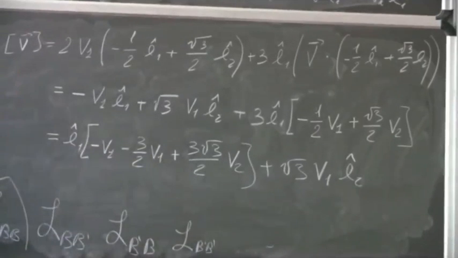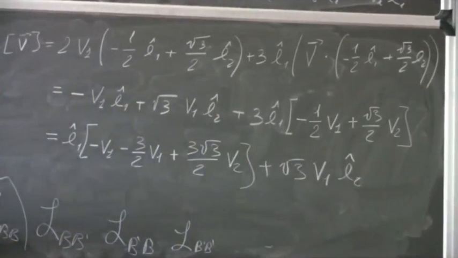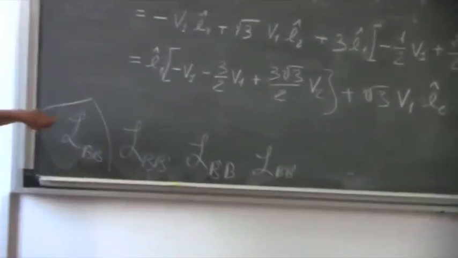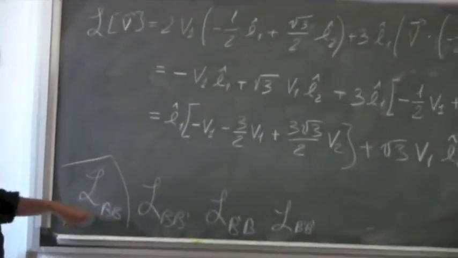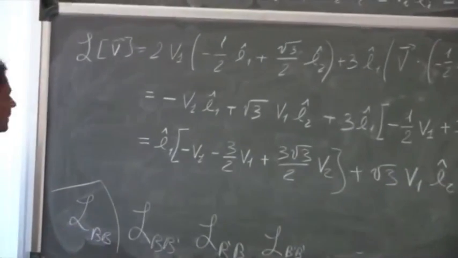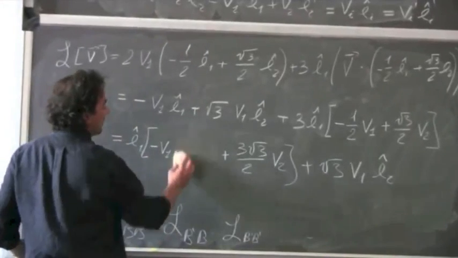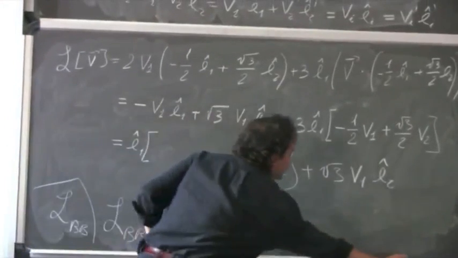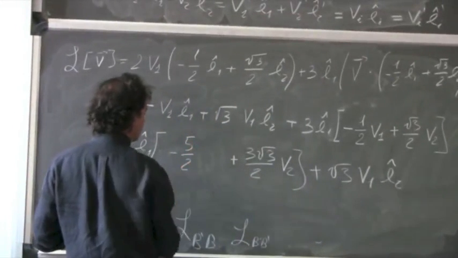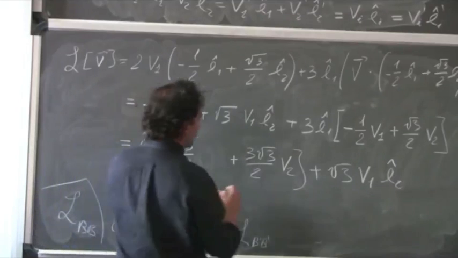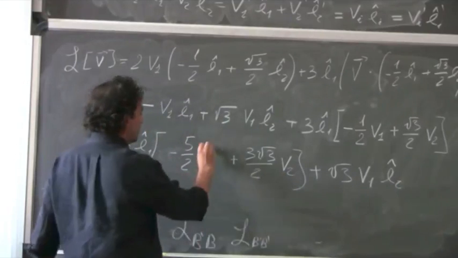This is L. So our target is to find the representation of this linear application with respect to both bases. Okay, this minus 1 minus 3 over 2 is minus 5 over 2. V2. No, this was V1. V1.